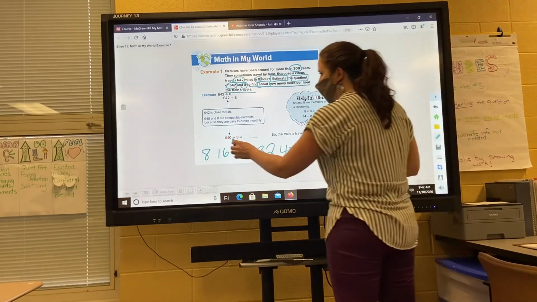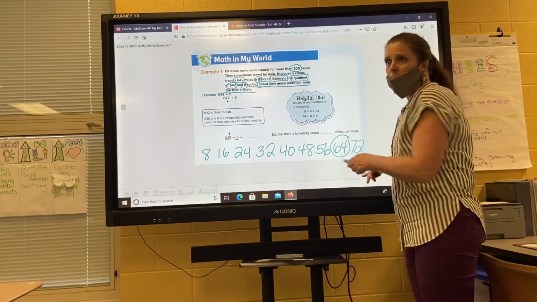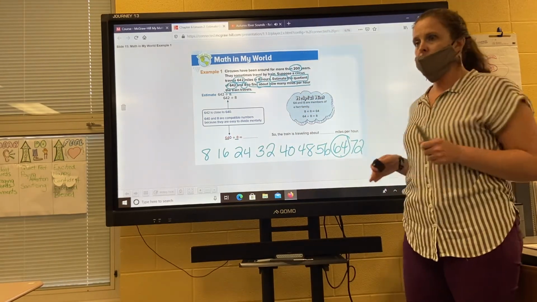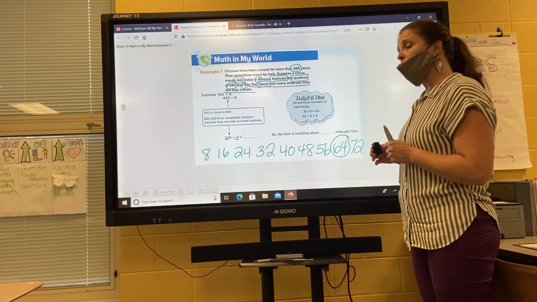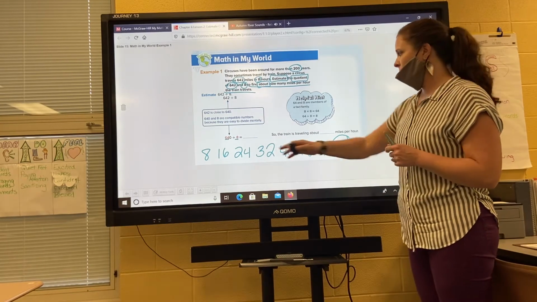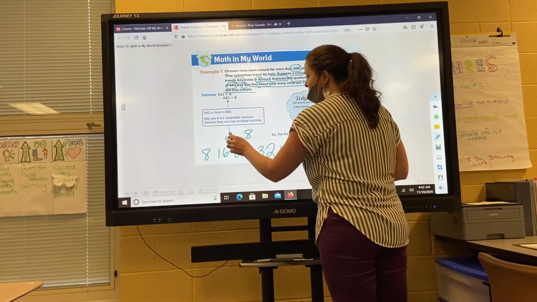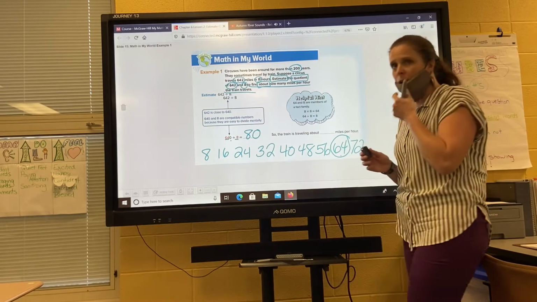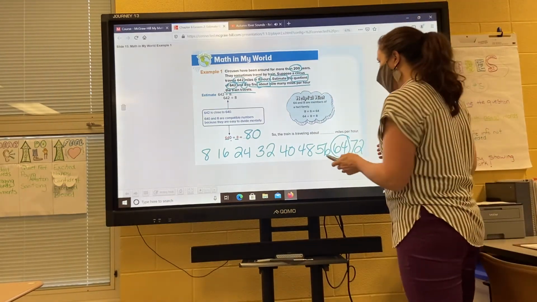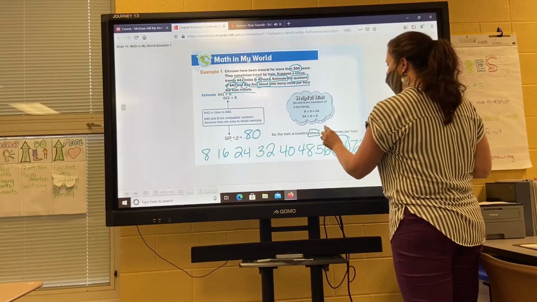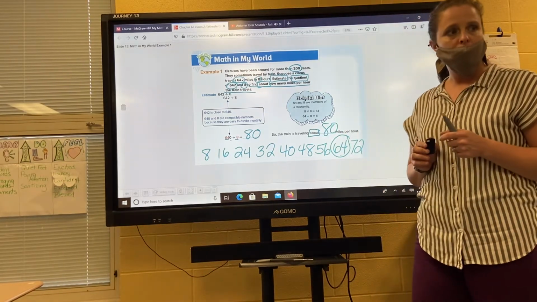So what's 64 divided by 8? 8. And then we add a 0. So 640 divided by 8 is 80. So the train is traveling about 80 miles per hour.